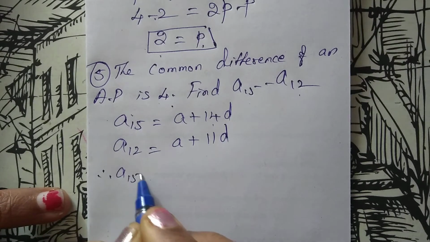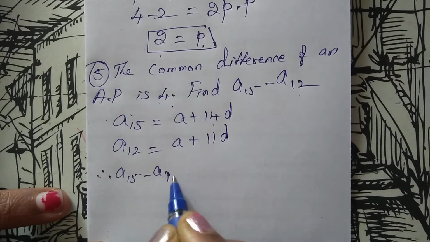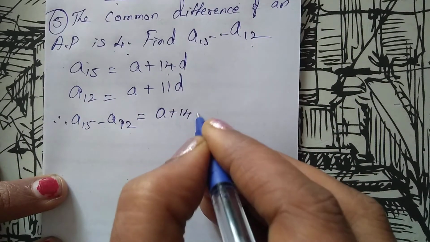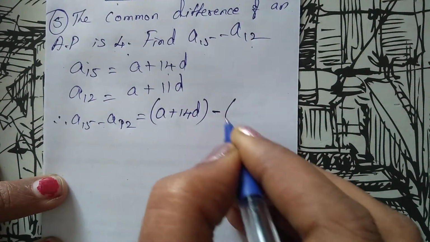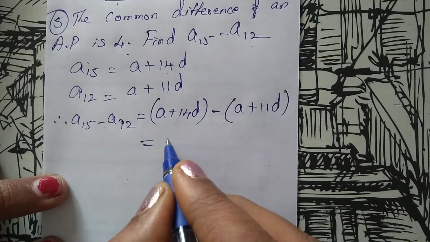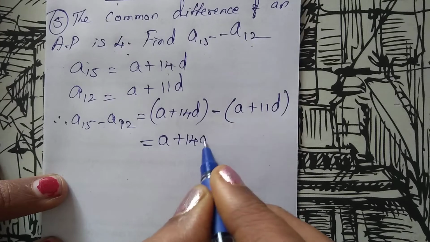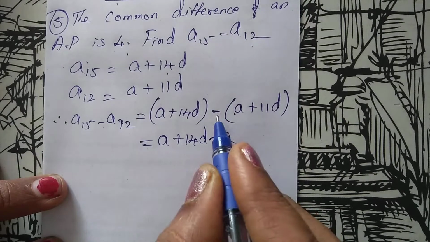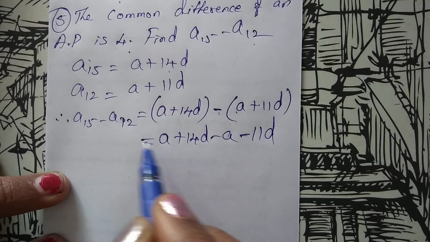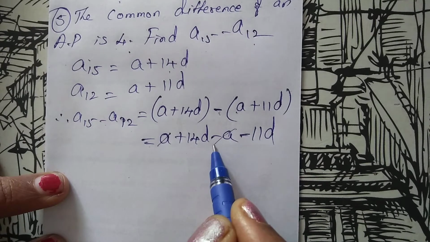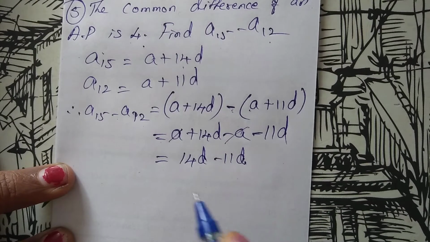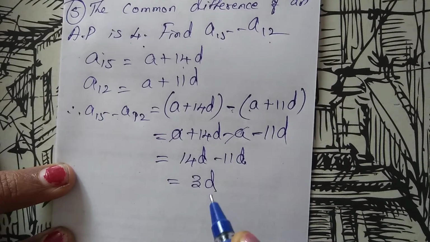Therefore, A15 minus A12 can be written as A plus 14D minus of A plus 11D. This is equal to A plus 14D minus A, remove the bracket, minus plus minus 11D. Now what happens? Plus A minus A get cancelled. We have 14D minus 11D, which is 3D.